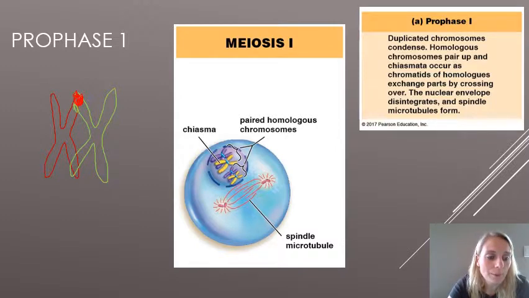I know I've kind of overlapped it. So if I were to draw this separately out here, I would have something that looks like this, and with my green chromosome, I would have something that looks like this.